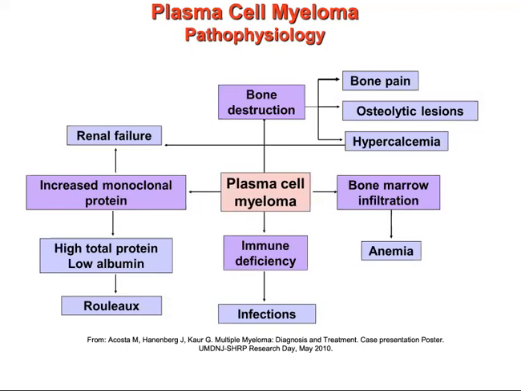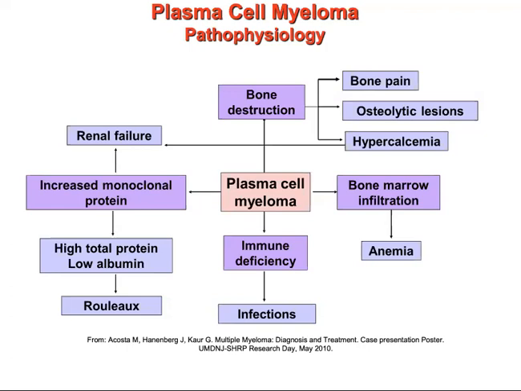High proteins and low albumin can lead to rouleaux. One of the things you'll see in the peripheral blood is the formation of rouleaux because of the high protein and low albumin. It starts to form the stacking, the coin stack effect, in the red cells. So there's a lot going on: bone destruction, bone pain, lesions, hypercalcemia, which is increased calcium.